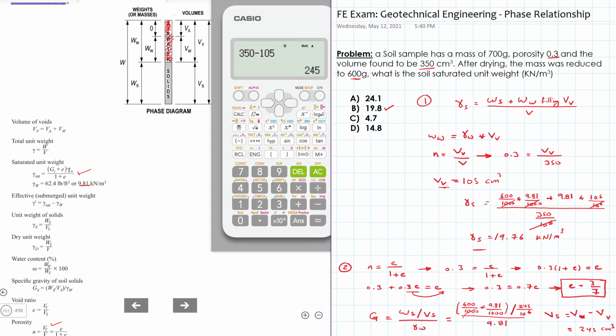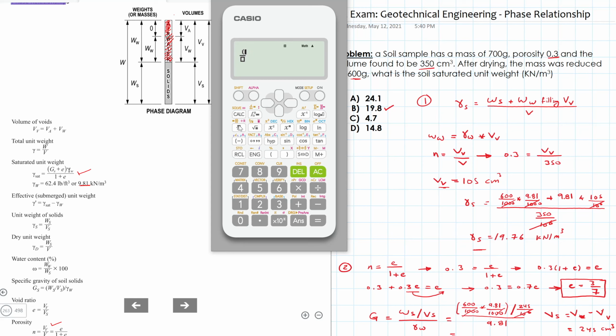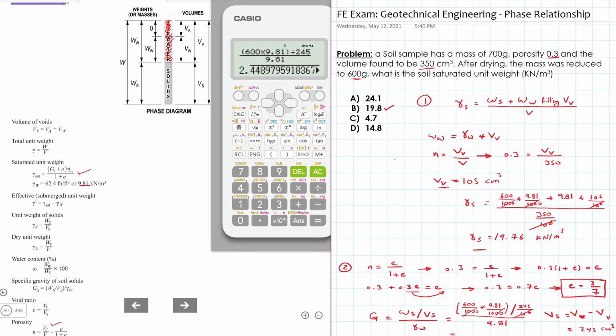So these two will cancel out with this one, and the answer would be 600 multiplied by 9.81 divided by 245 divided by 9.81, which equals 2.45.